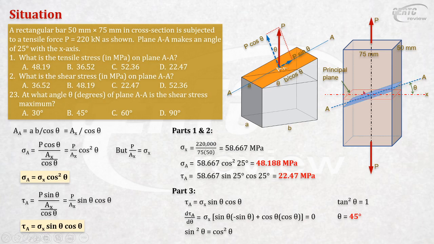This is the axis perpendicular to P, and since there is no shearing stress applied here, that's the principal axis. So I will redefine theta. Theta is the angle from the principal axis. Sigma x is the normal stress at the principal axis. Okay, so that's the final definition.